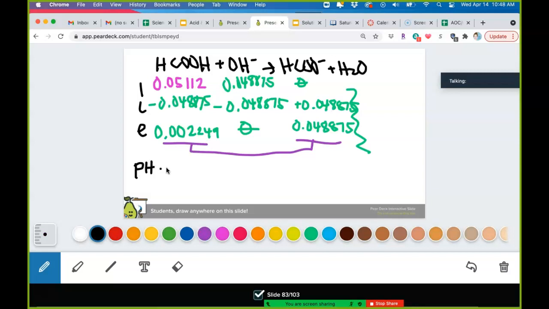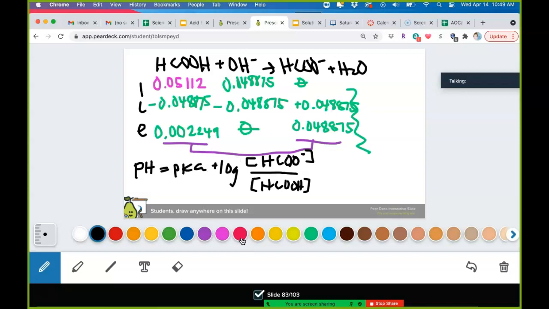pH equals pKa plus the log of, now the conjugate goes on top, which is this guy, and the weak goes on the bottom. And again, I didn't give you pKa, so you had to do a little bit of work to get the pKa.